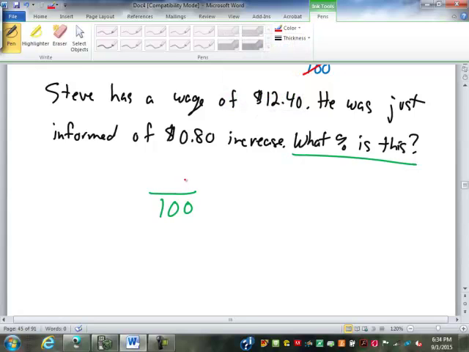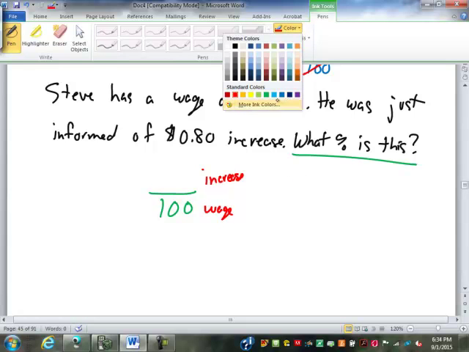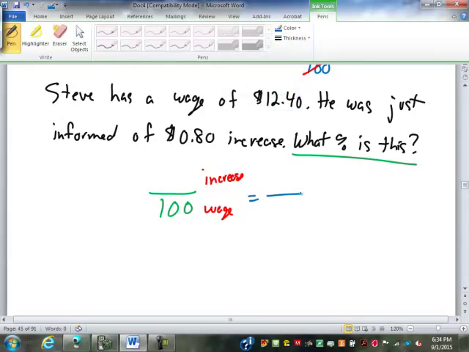The percent is going to represent the increase. The 100% is the starting amount. That would be his original wage. So on the other side over here, his wage of $12.40 is going to be on bottom. That's the whole amount, or the starting amount at least. And on top will be the 80 cents.